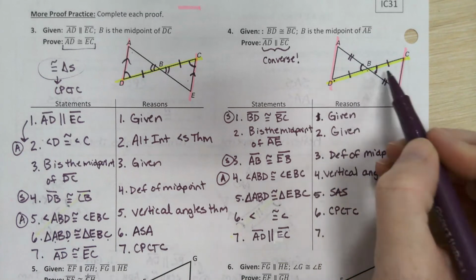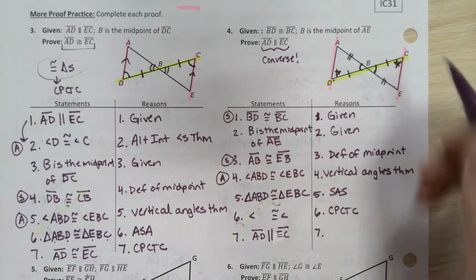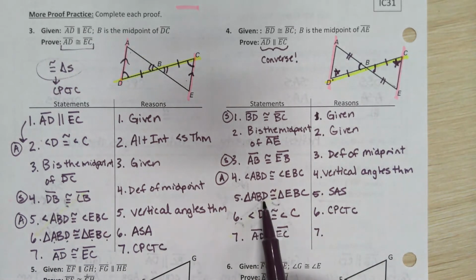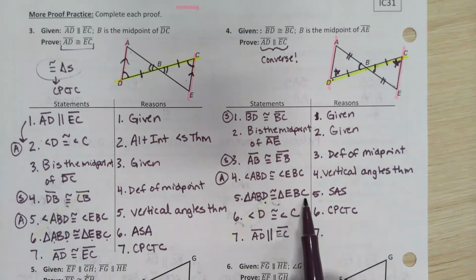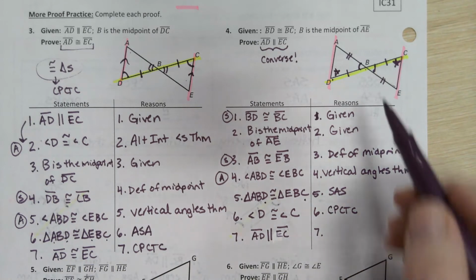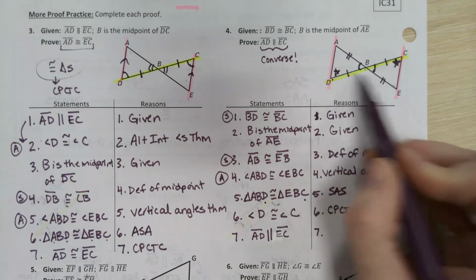But now that I know these triangles are congruent, I can mark and I can say, using CPCTC, that angle D is congruent to angle C because they're corresponding parts in my congruent triangles, so they have to be congruent. Now, the really great news about that is that those 2 angles are alternate interior.